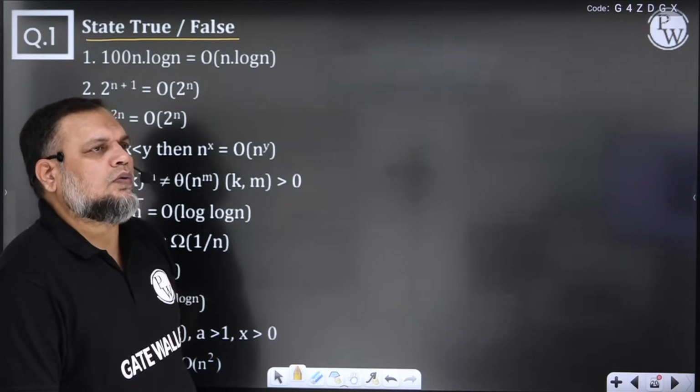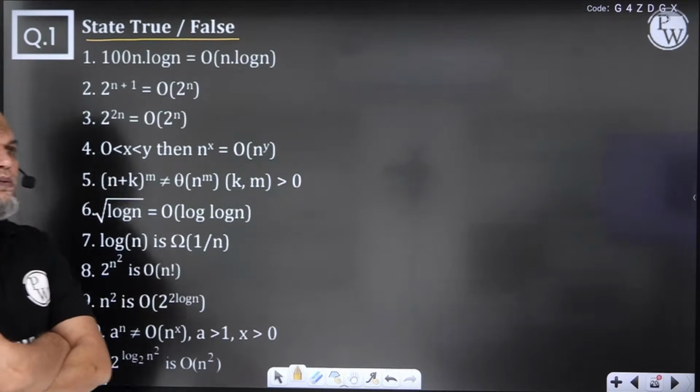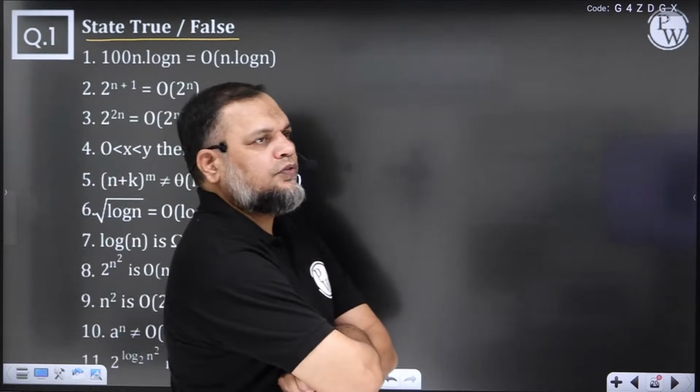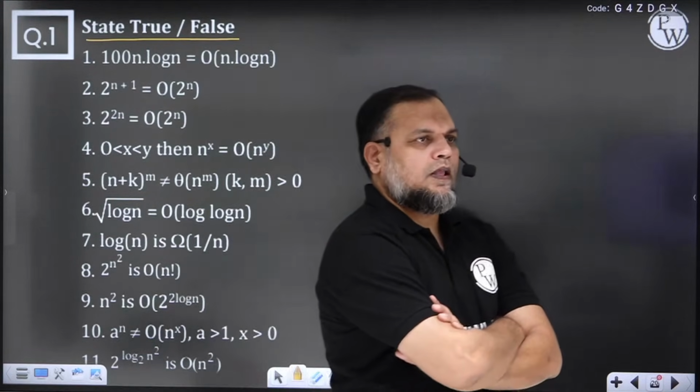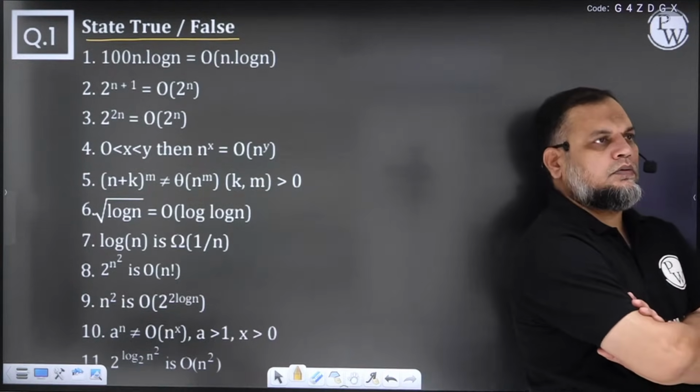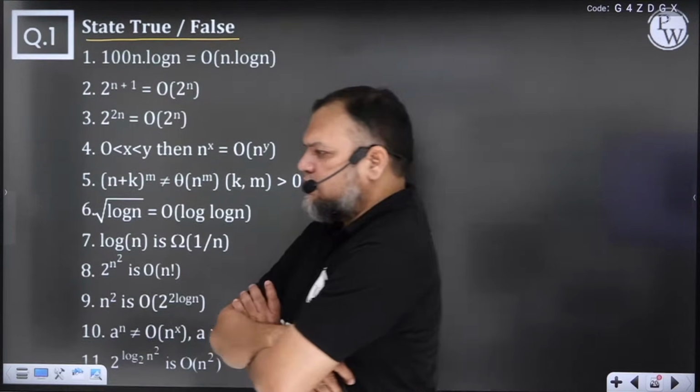You write either true or false so that you can compare. So 1 is true, second is true, third is false, fourth is true. Okay, continue further. Come on, this is interesting. It is problem solving, very interesting, please do it.